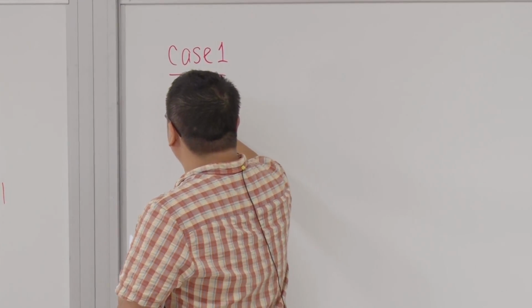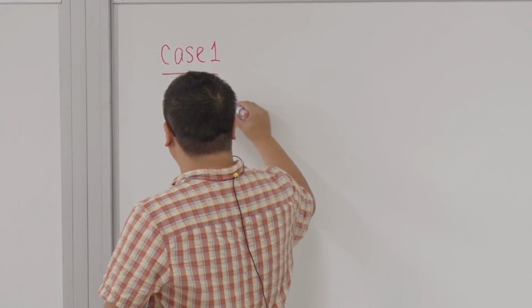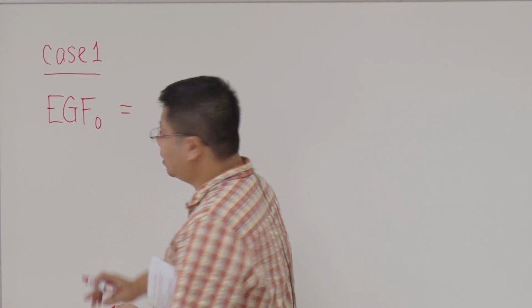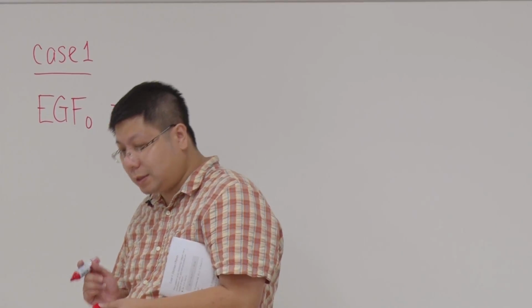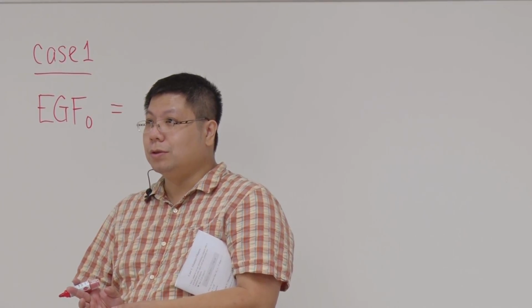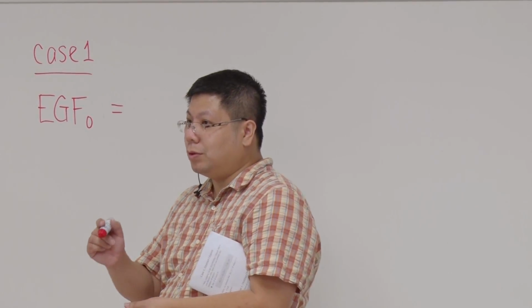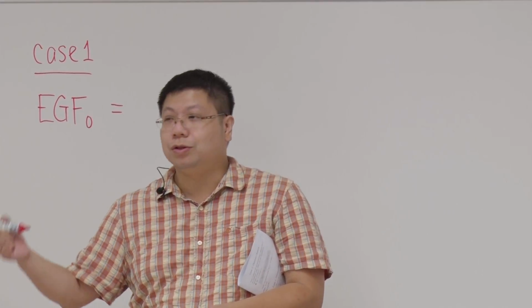So case 1, we will have the EGF of 0 to be what? We need to have an even number of zeros. So I can choose 0 zeros, but I cannot choose 1 zero. I can choose 2 zeros, and so on and so forth. One way to choose no 0, one way to choose 2 zeros, one way to choose 4 zeros, and so on.